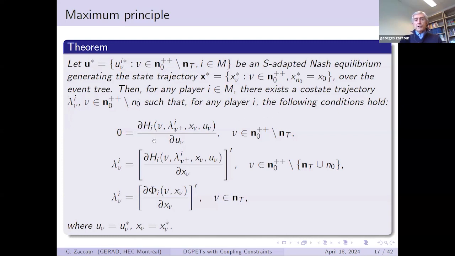And you recognize here the optimality condition and also the conditions governing the evolution of the co-state variable. And of course, this must hold at U nu equal to U nu star and x nu equal to x star nu. Now, given these conditions, you can apply them to the problem you are dealing with and determine the equilibrium strategies.